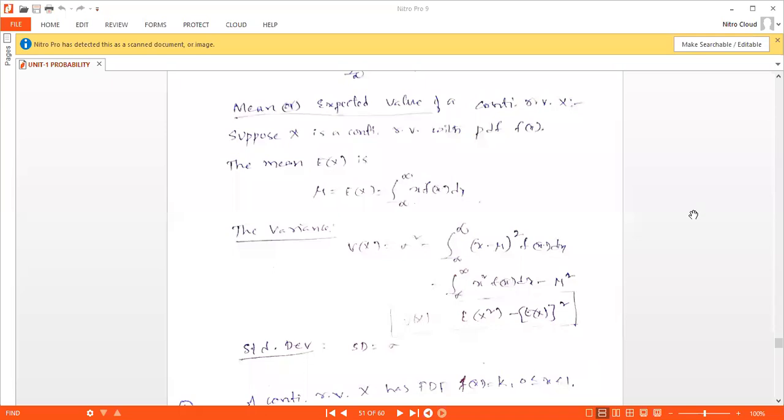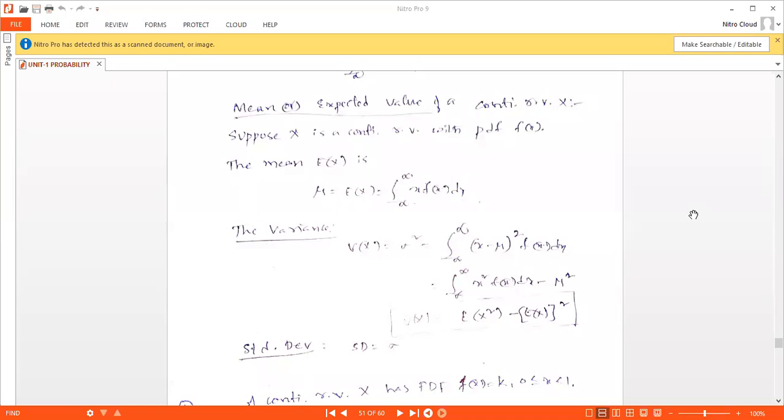is denoted by sigma square, and it is defined as the integral from minus infinity to infinity of (x minus mu) whole square times f of x dx, which can be written as the integral from minus infinity to infinity of x square f of x dx minus mu square, since the product term vanishes here.